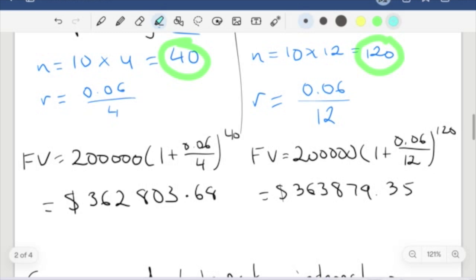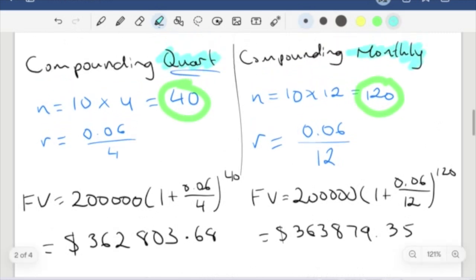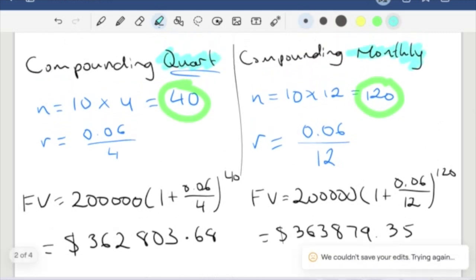So it's only really a marginal difference. It's in the thousands when we compare the two answers. But if we think of compound interest as interest on top of interest, the more compounding periods we have, for example here compounding monthly 120 compared to compounding quarterly 40, the higher our future value is going to be.